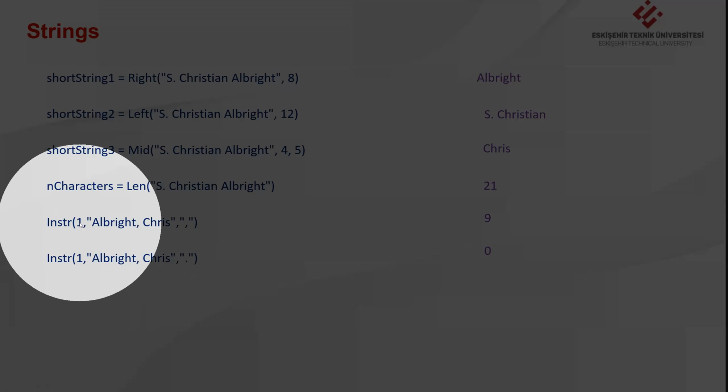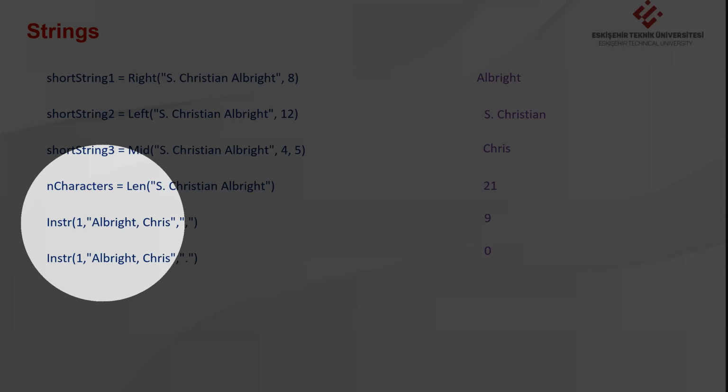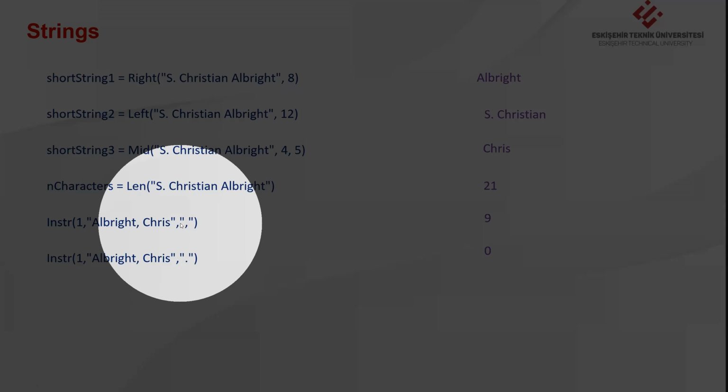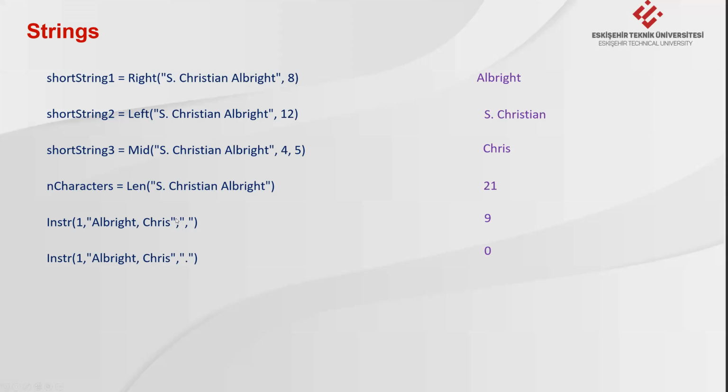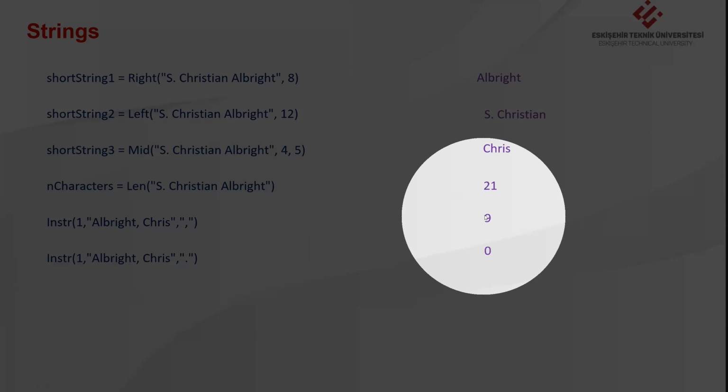If you don't indicate this, it is basically one by default. The second one is your string again, and the last one is your characters to search. So for example, we search for a comma in here, and then in here it's going to return 9.